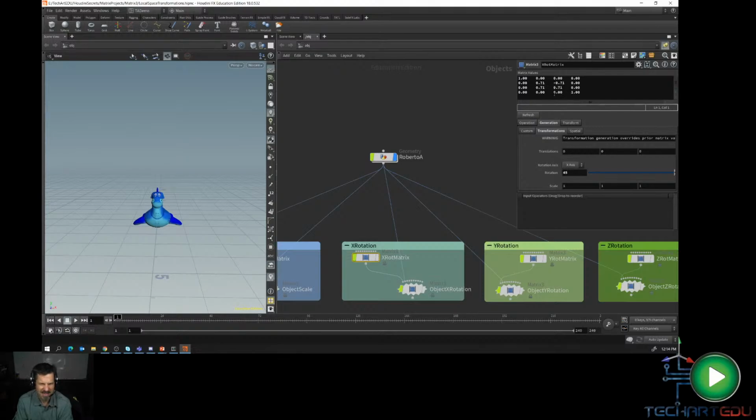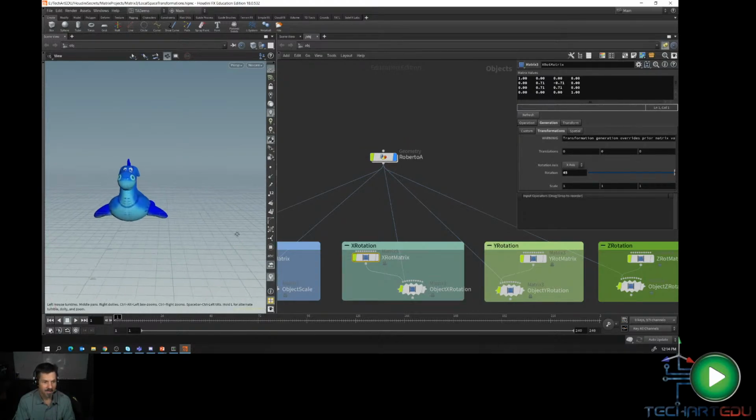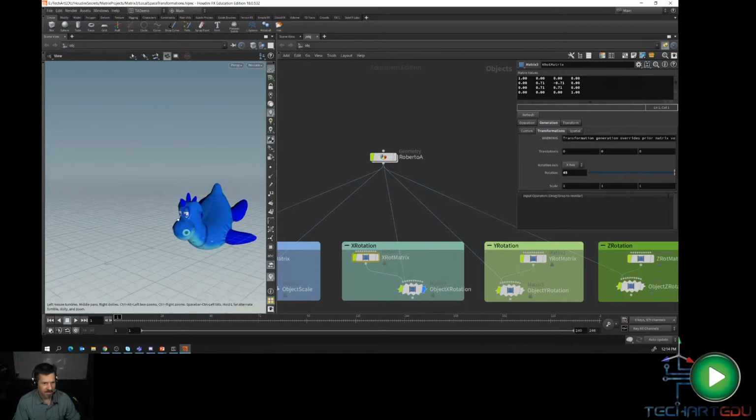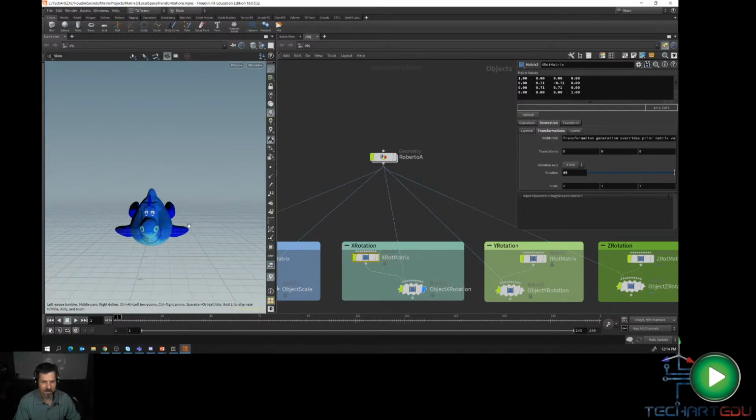They're going to be the same, because that's kind of like the magic of sine and cosine. But anyway, we've got 0.71, minus 0.71, 0.71, and 0.71 in here. Now what happens when we multiply Roberto by this x rotation matrix? We get Roberto, but rotated in the x direction 45 degrees.